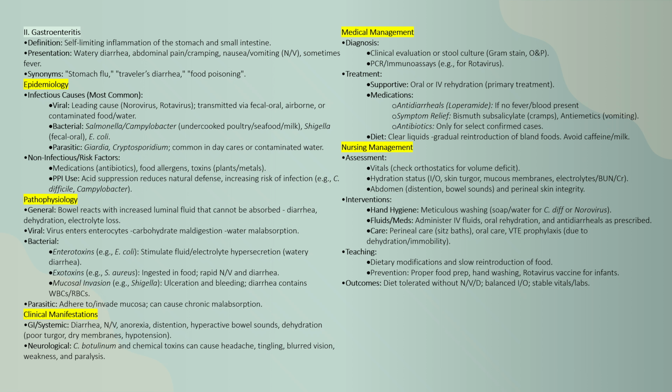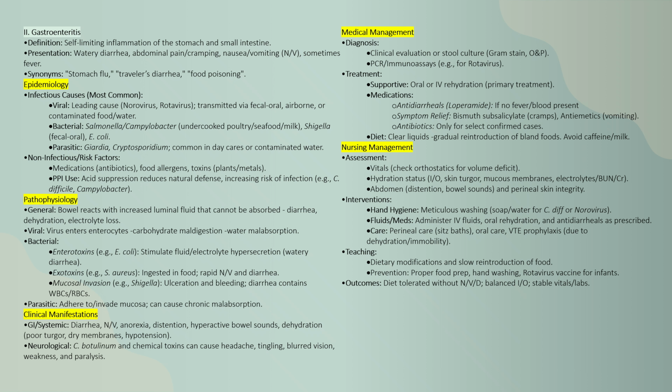The actions: perform meticulous hand hygiene, administer IV fluids and prescribed medication per physician, provide clear liquids or oral rehydration solution, provide uninterrupted rest periods, and apply VTE prophylaxis, provide meticulous perineal and oral care.